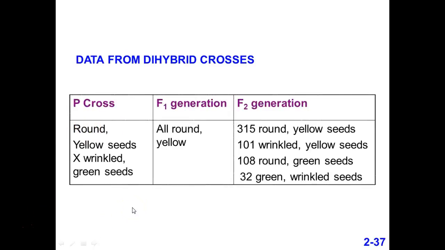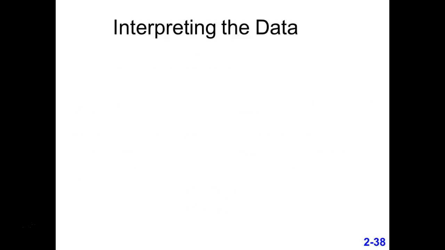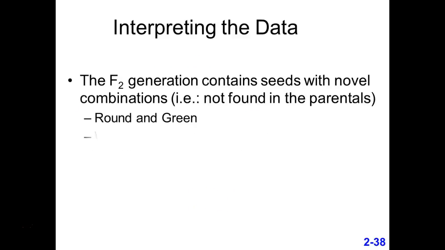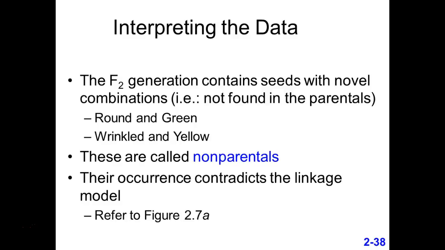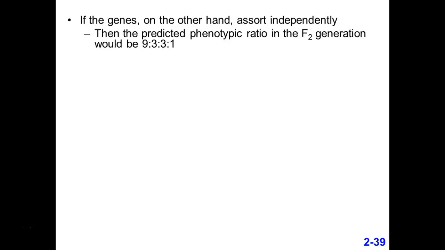So his data, when he crossed for 2 traits, he ended up with this pretty distinct ratio. When you mathematically simplify it down, you end up with this ratio that you've probably seen before. 9, 3, 3, 1.